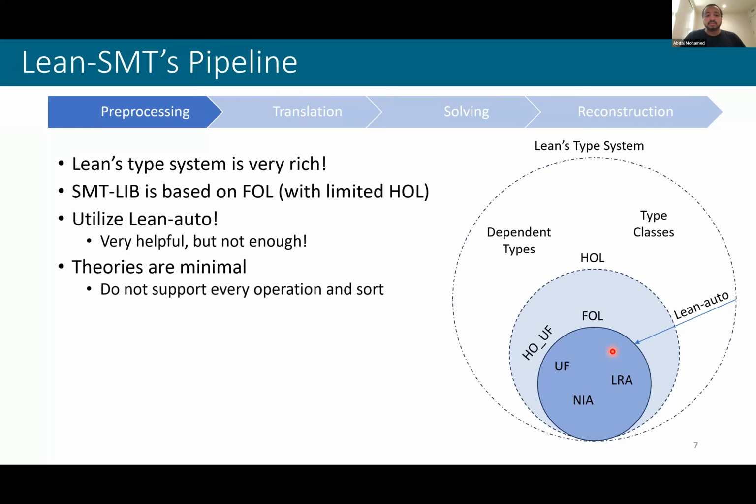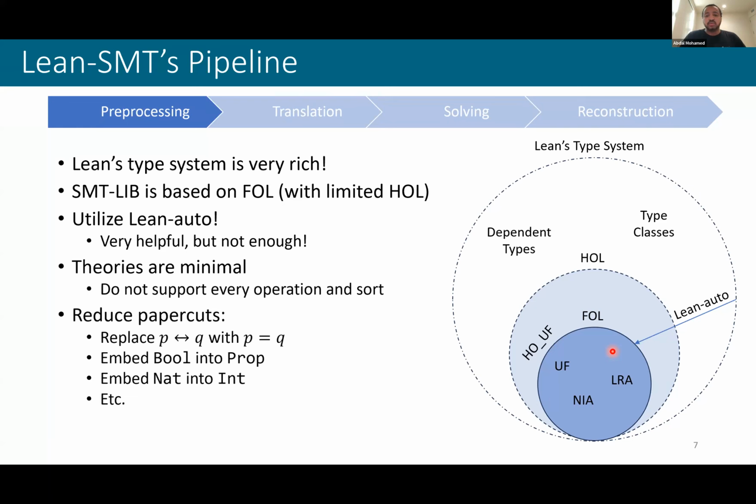For example, the SMT-LIB theories do not support every operation and sort out there in first order logic. So what we do is we have these pre-processing steps to reduce those paper cuts. For example, if you have if and only if, then we can go and replace it with equality using the propositional extensionality axiom. And then SMT-LIB doesn't have a distinction between Bool and Prop, so we can just embed Bool into Prop before sending the problem into the SMT solver.